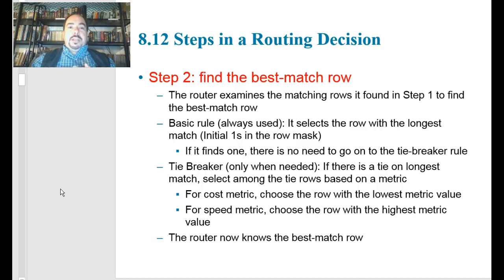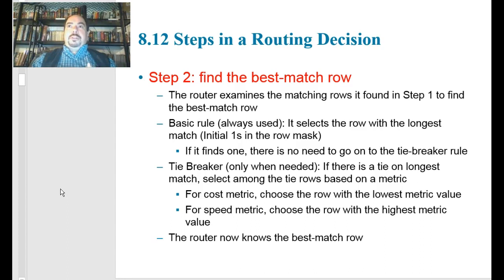So IGRP is a routing protocol that is a very simple one. EIGRP is a Cisco variant of IGRP that's a lot more sophisticated. I misspoke.